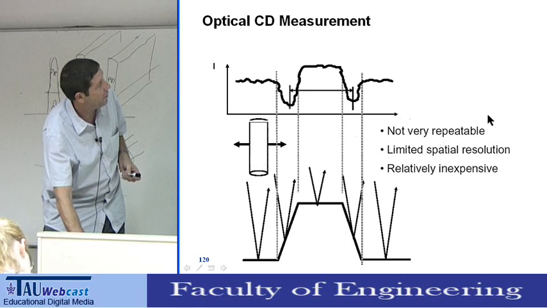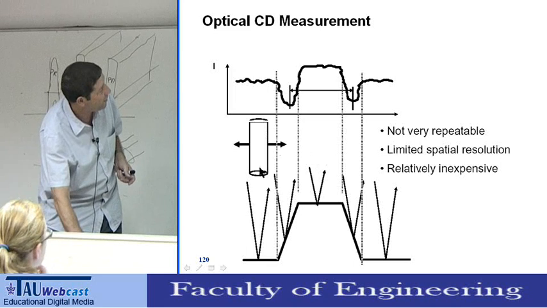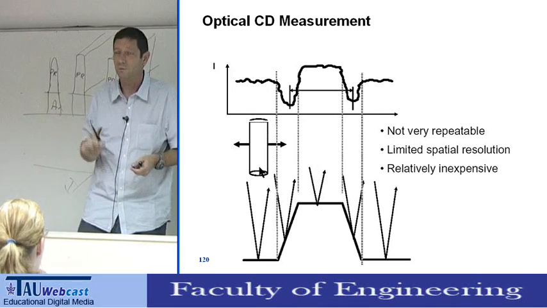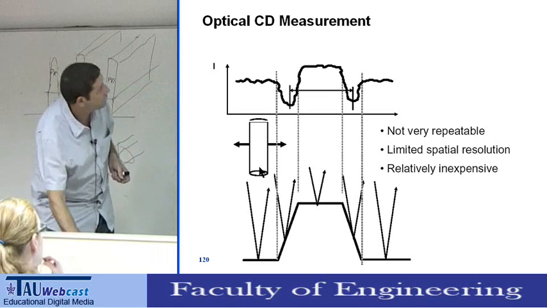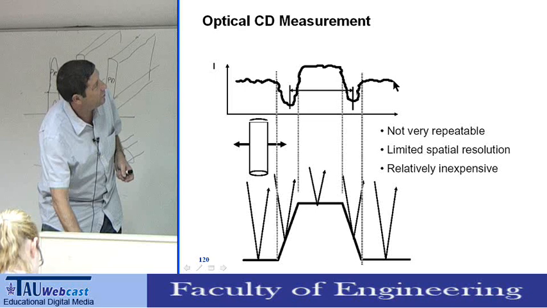For example, you can take this structure, illuminate everything, and put here a very, very narrow light detector. This is one option. And plot this light intensity versus distance.